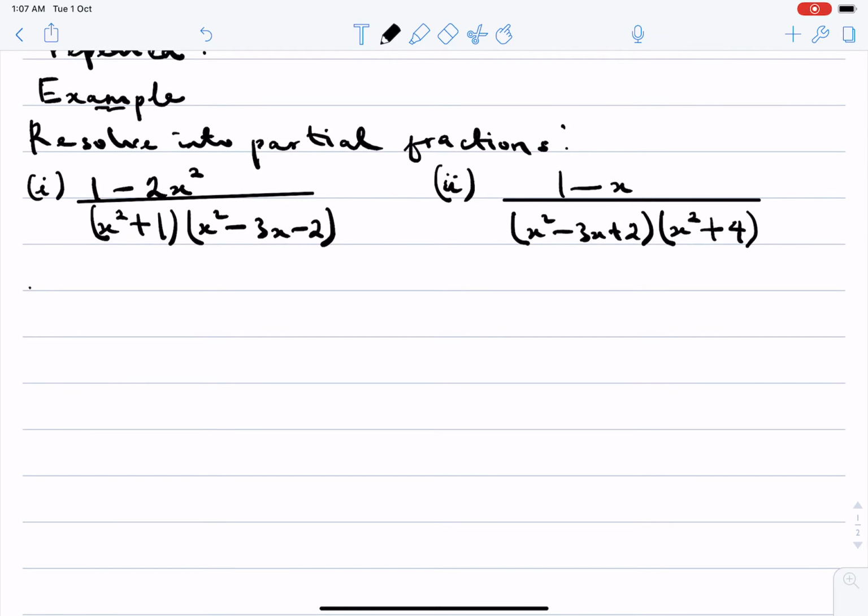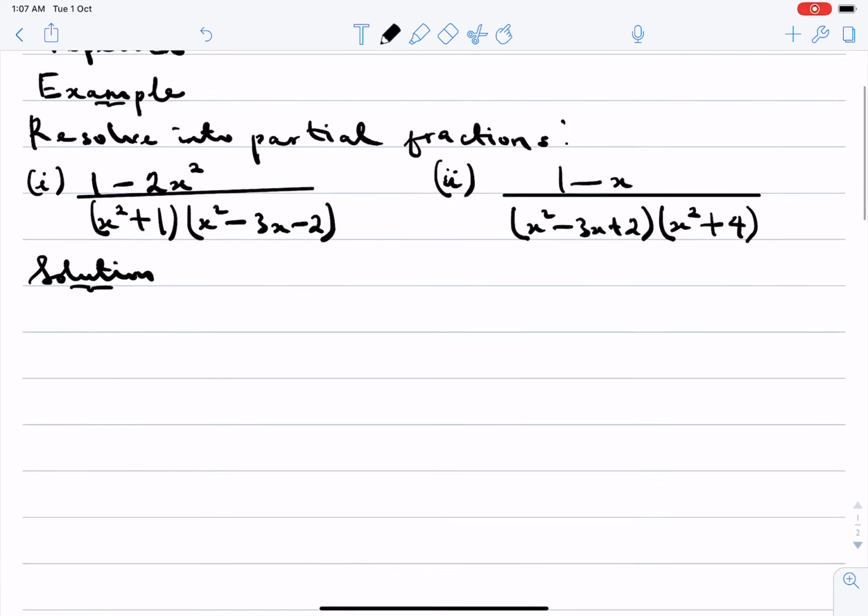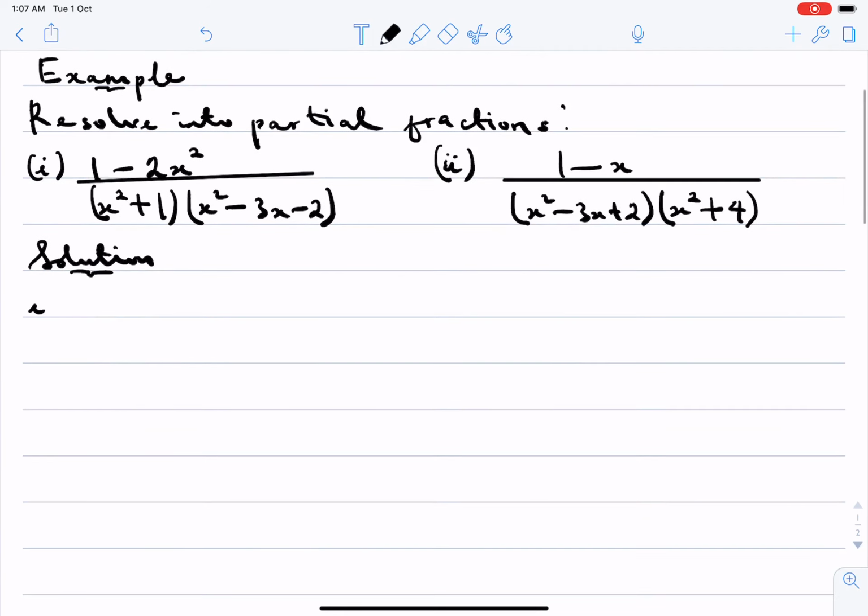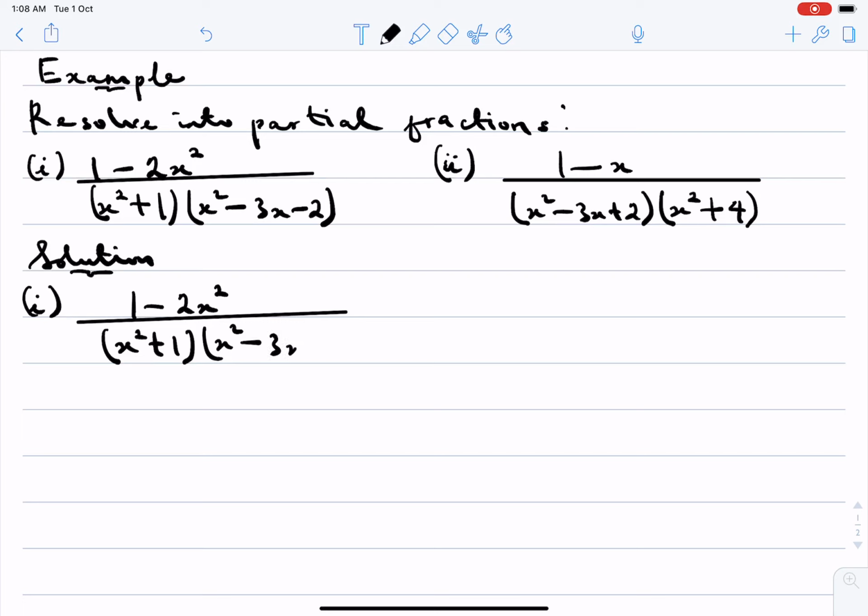Now, let's solve these two questions. Number 1: how do you resolve this into partial fractions? 1 minus 2x squared divided by x squared plus 1 times x squared minus 3x minus 2.